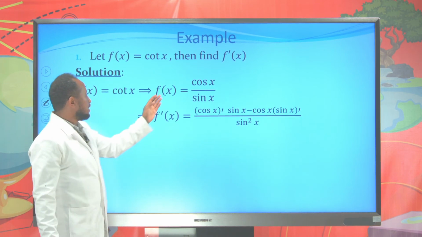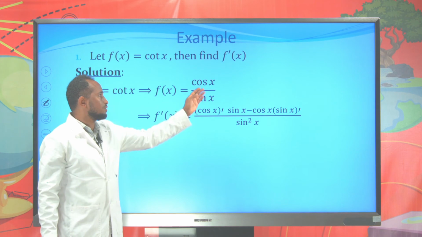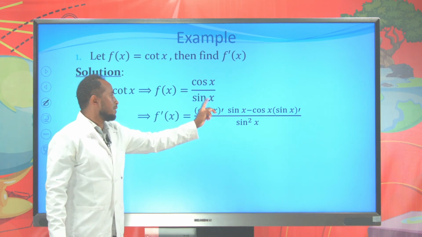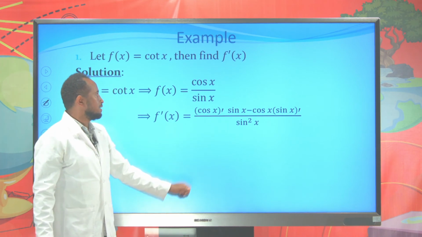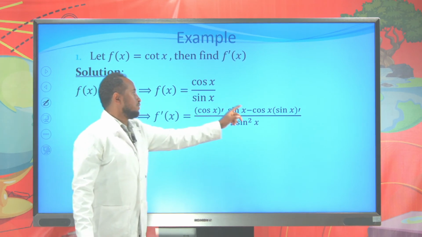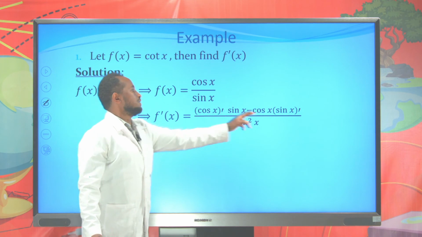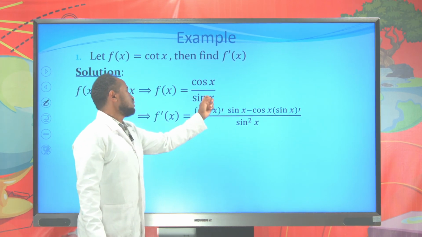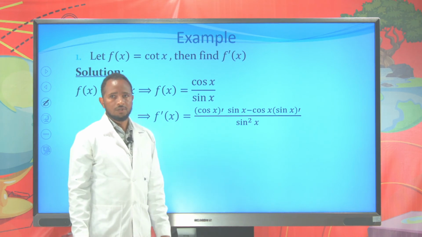Therefore here, f derivative of x equals, applying the quotient rule, the derivative of the first function or the numerator times the denominator, minus the function on the numerator times the derivative of the function on the denominator, divided by the function on the denominator squared.